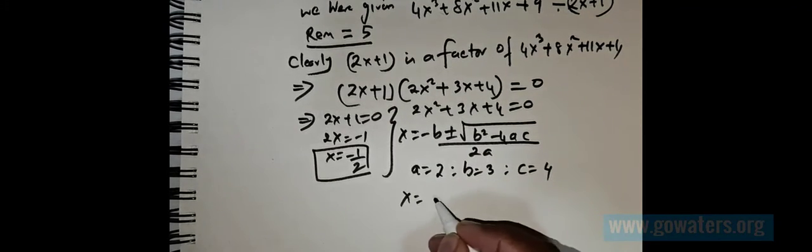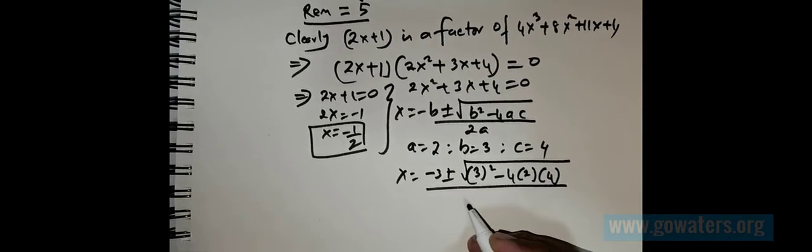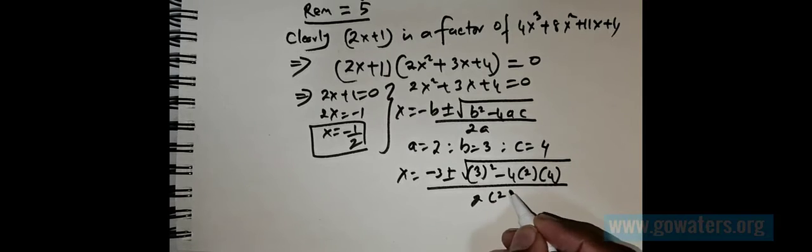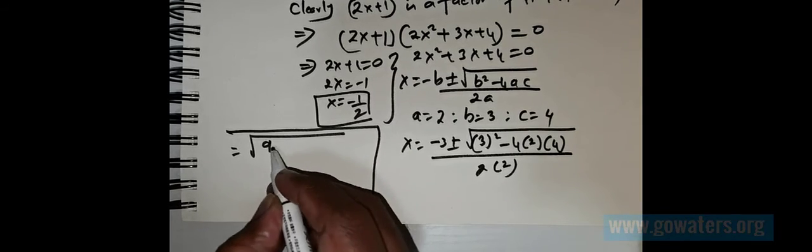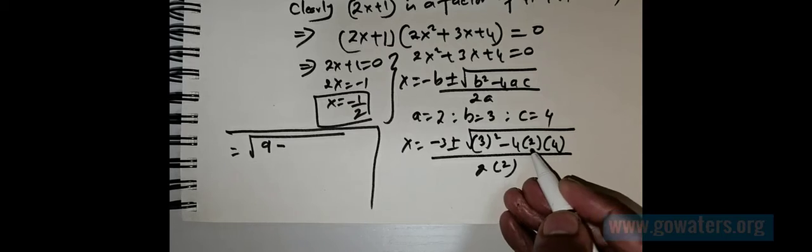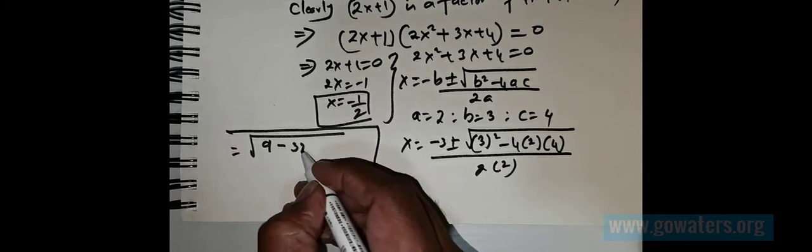Substituting it, you would see x = (-3 ± root of 3 squared - 4 times a times c) divided by 2 times a, which is 2. So if you see the discriminant, it is root of 9 - 4 times 2, which is 8, and 8 times 4 is 32.